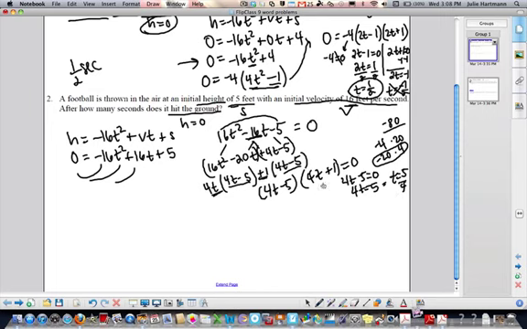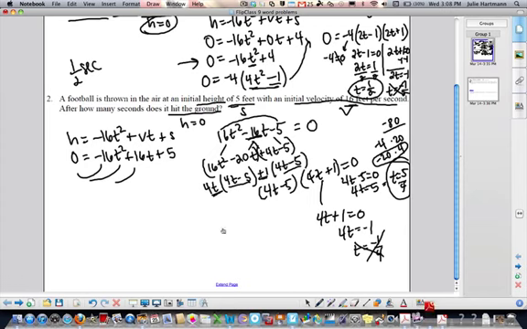Alright, so t equals 5/4, and then 4t plus 1 equals 0, minus the 1, you get t equals negative 1/4. Now, a negative 1/4, that's a negative time. We don't count that one. We just have t equals 5/4. So, after 5/4 seconds, the football is going to hit the ground. So there you go with example number 2.